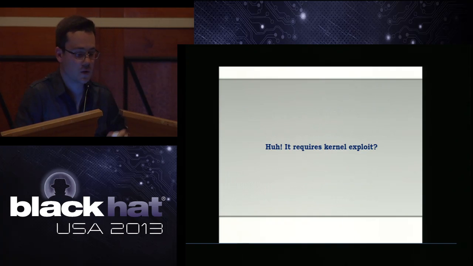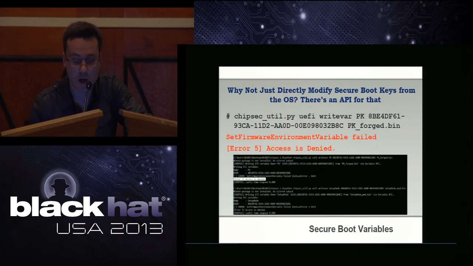So the exploit that we showed requires a kernel mode exploit. Obviously it's important. You get persistence, and you compromise everything below the OS, including any security solution below the OS, but still it's a kernel exploit, it's not that interesting. So why don't we just go and, from user mode, modify one of the keys used for secure boot?